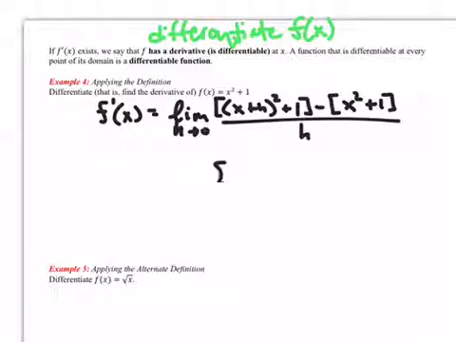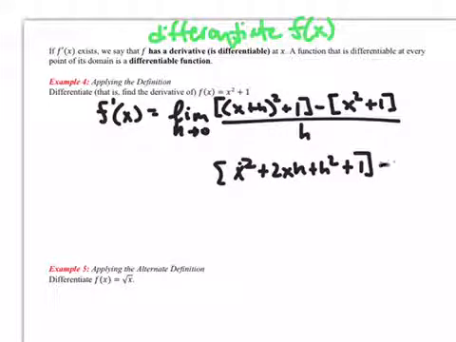So if I expand the numerator, I'm going to get x squared plus 2xh plus h squared plus that 1 minus x squared plus 1.